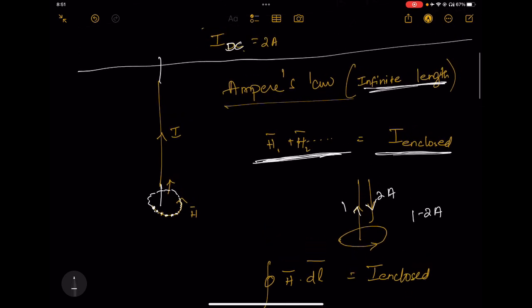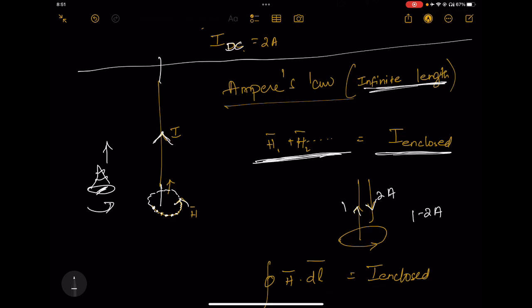Remember, the only difficulty here is finding the direction of the magnetic field. If the current is going up, the direction of the magnetic field is along the screw. Imagine a screw like this; if the screw has to go up, you have to drive the screw like this.